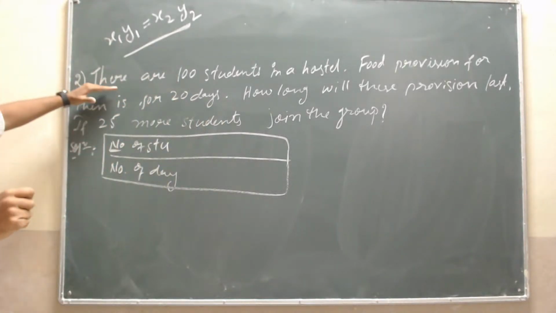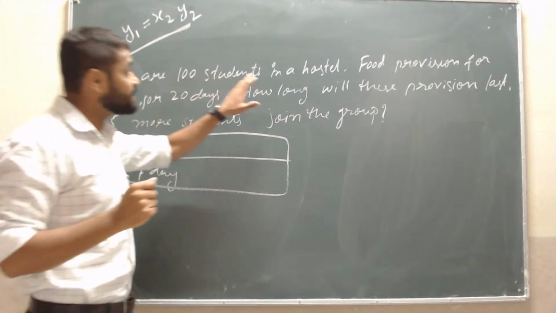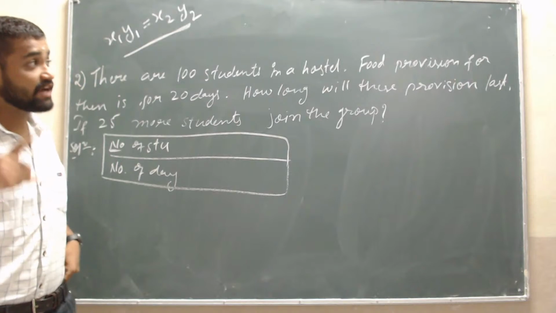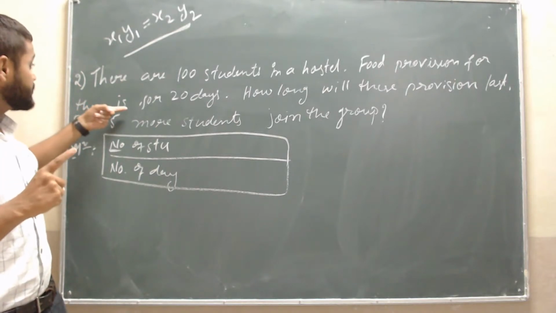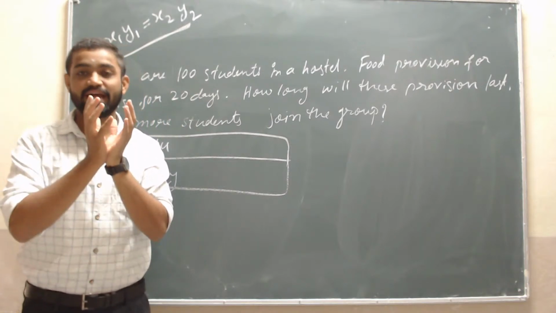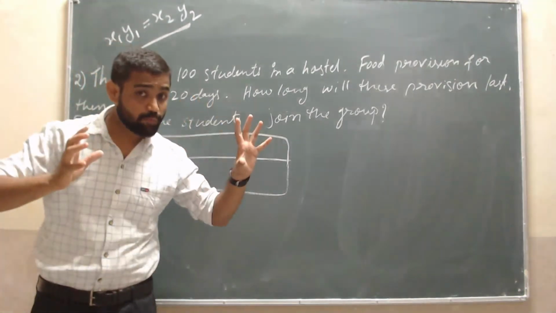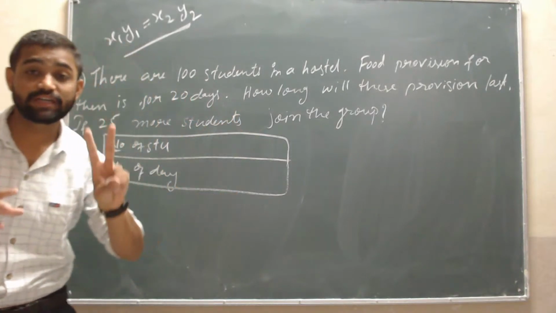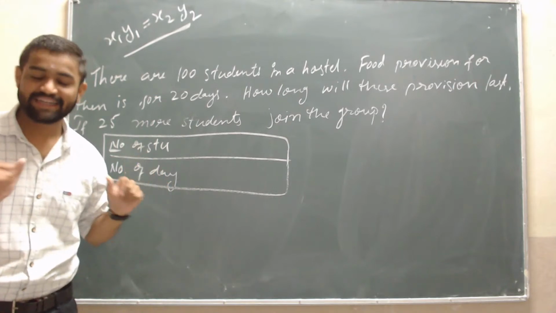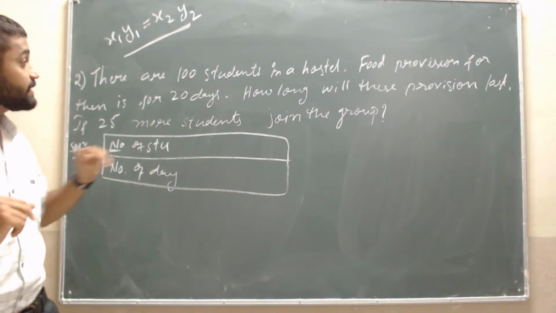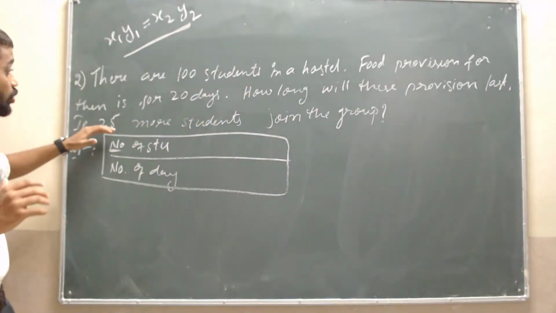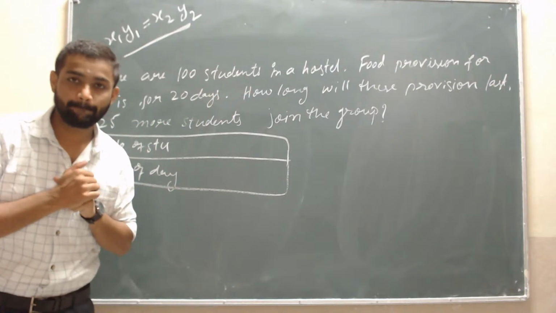There are 100 students in a hostel, and the food provision for them is for only 20 days. Are you getting my point? Then he is asking, how long will this provision last if 25 more students join the group?